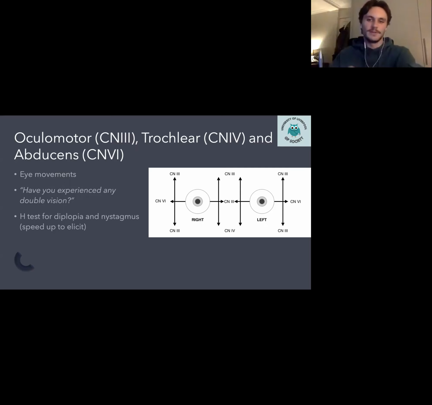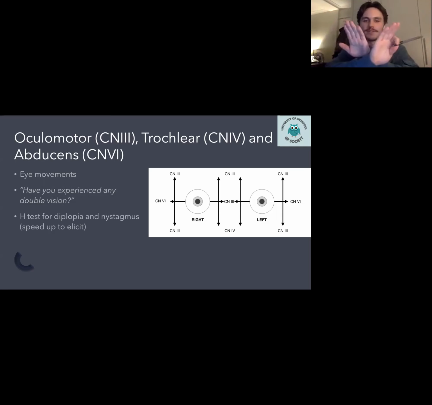And the important thing when you're doing this is you're watching the eyes, making sure they're moving with each other appropriately. One isn't going off in a certain direction. And the other thing is you need to make sure that they are aware of any double vision that they experience during the exam. And if they do experience double vision, which direction is it?